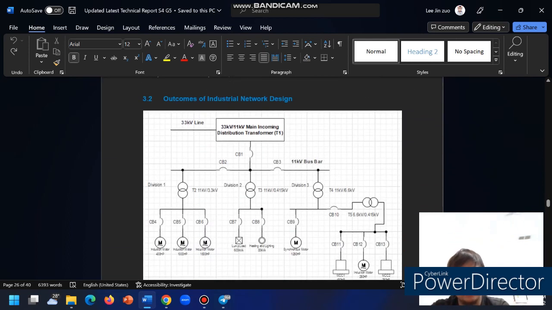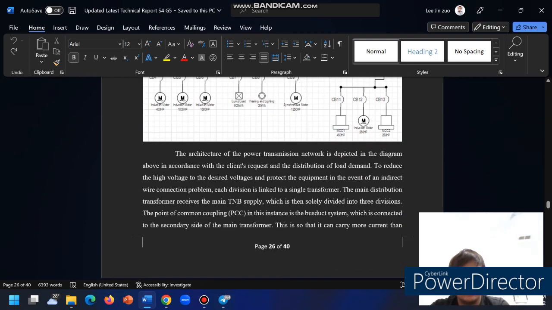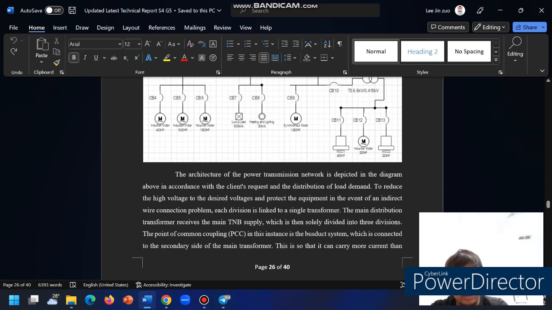And next, about the outcome of the industrial network design. The architecture of the power transmission network is depicted in the diagram above, in accordance with the client's request and the distribution of load demand, to reduce the high voltage to the desired voltage and protect the equipment in the event of an indirect wire connection problem.